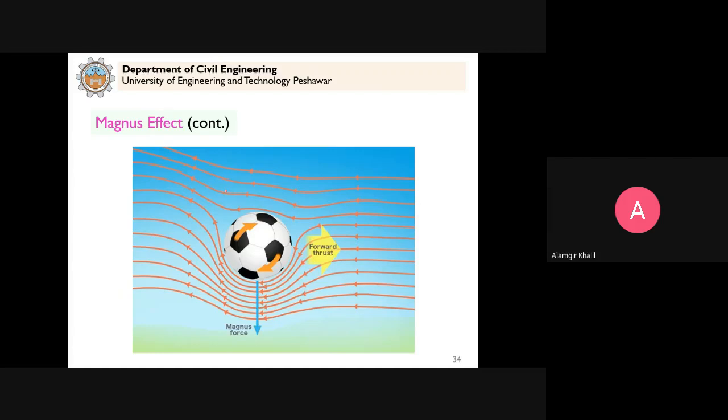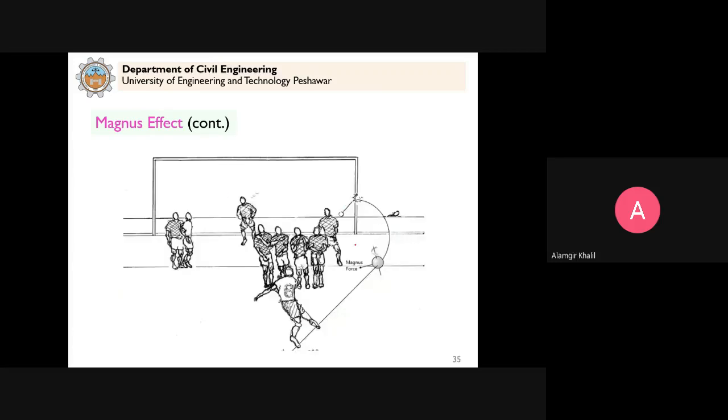So this effect is known as the Magnus effect, and this explains why balls move through the air in a curved path. Clear? If you have watched soccer, you might have seen that when you hit the ball, it moves in a curved path. So this is due to the Magnus effect.